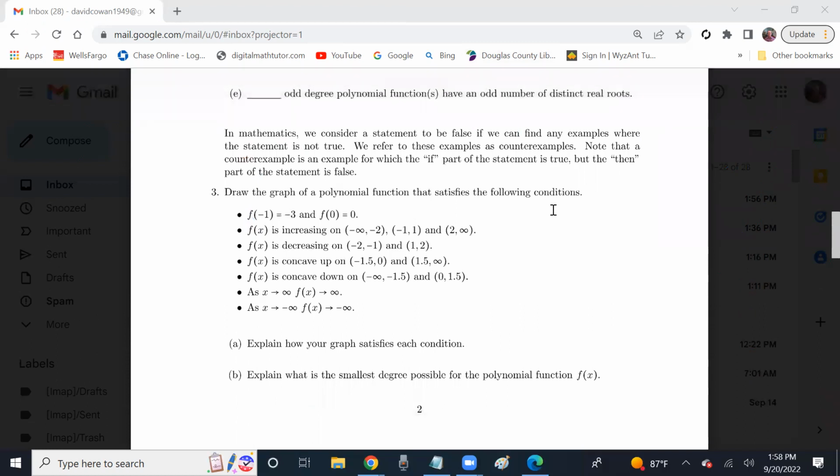Draw a graph of the polynomial function that satisfies the following conditions. Okay, these are kind of cool.